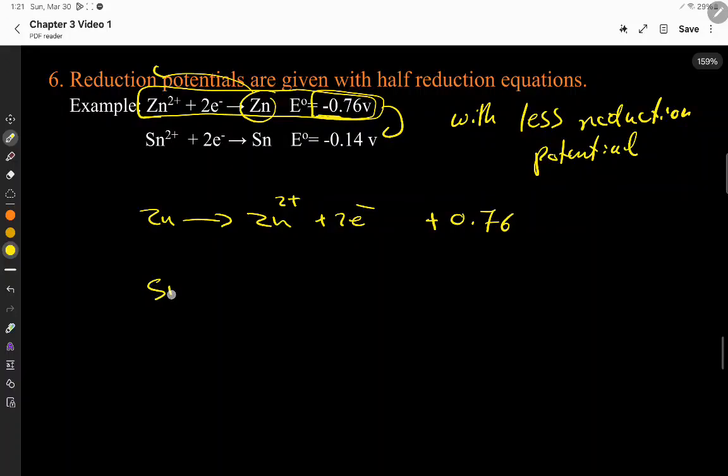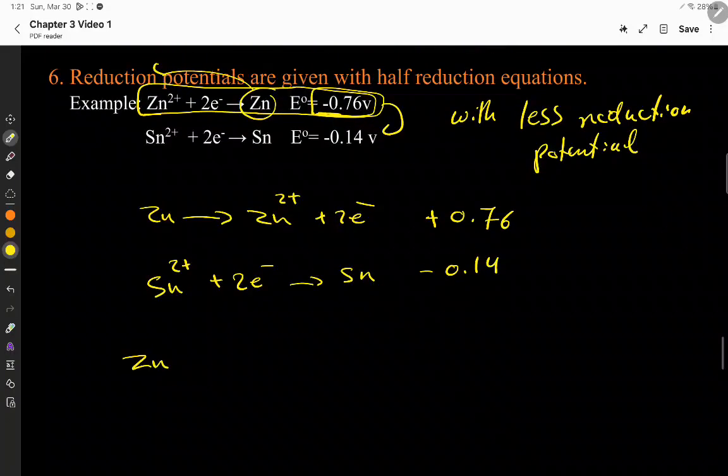The second equation will be the same, nothing will change in it. Sn2+ plus 2 electrons will give us Sn, and this is negative 0.14. Now the cell diagram notation is going to be Zn | Zn2+ || Sn2+ | Sn.